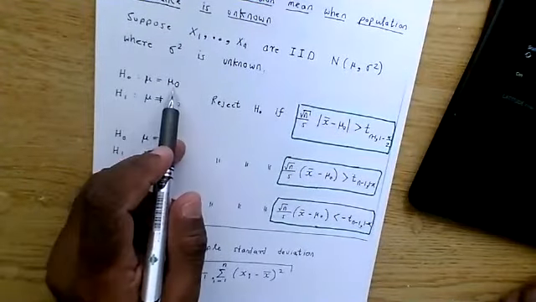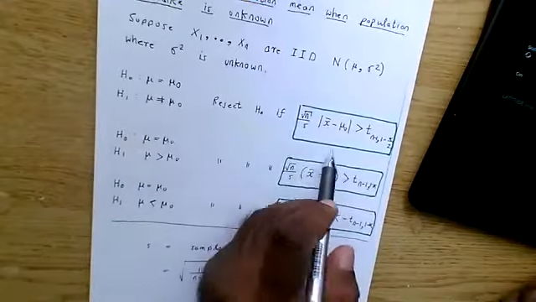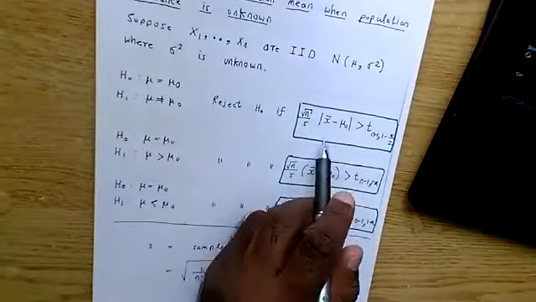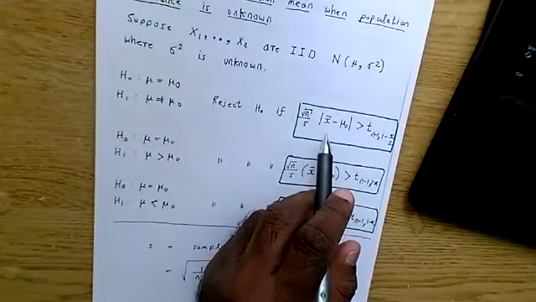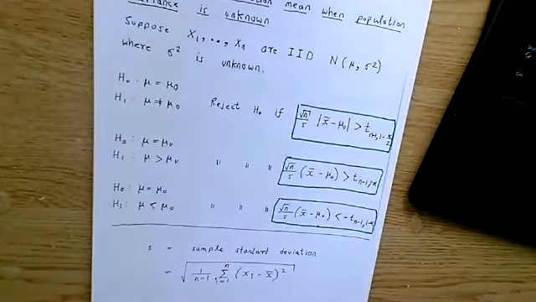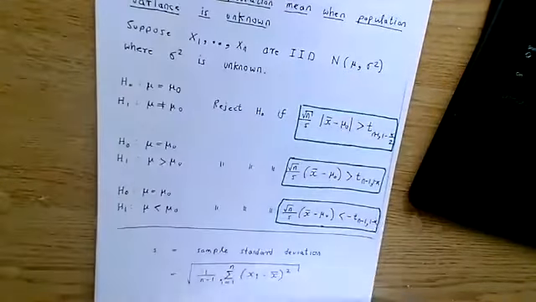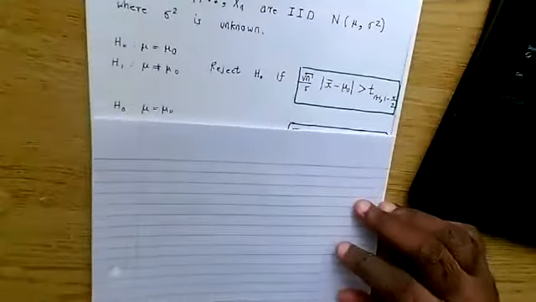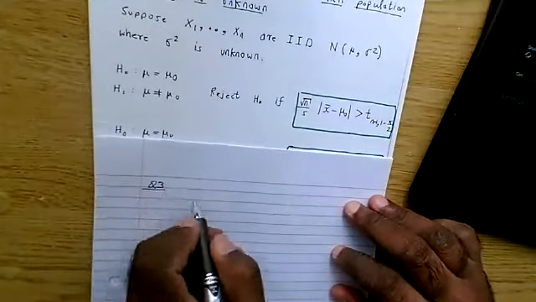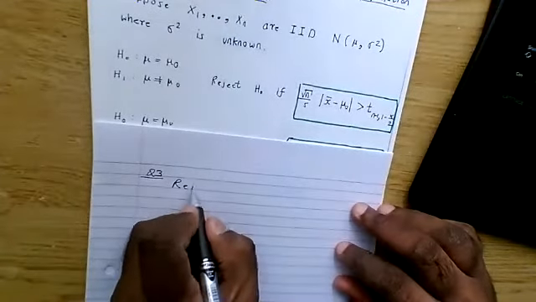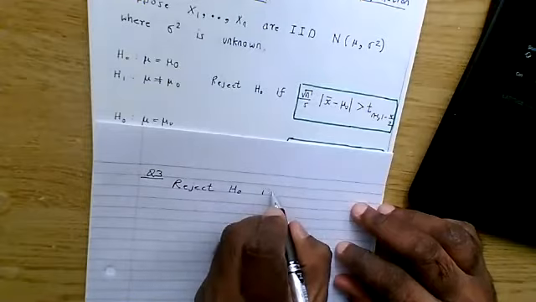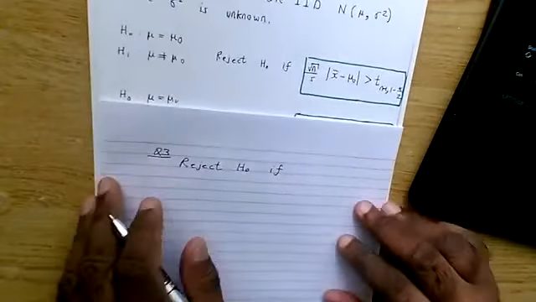When mu is equal to something versus not equal to, the rejection rule is this one. So I'm going to use this rule to do question number 3. So this is question 3. We reject the null hypothesis if this.